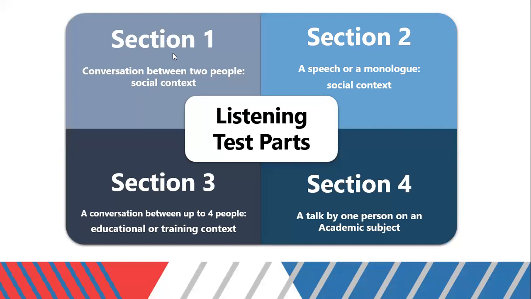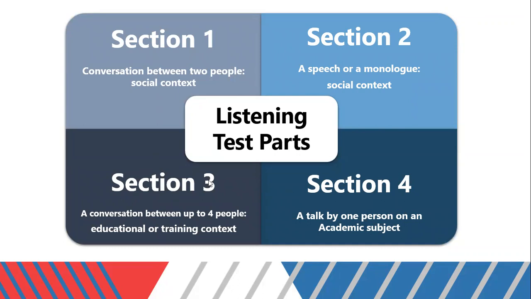Here, let's say you have a conversation between 2 people, and usually these two people are talking about something social, for example, a famous actor, football, or something in general. In the second section, it is called a monologue, which means we have one person only. One person is talking, also about something general, but it is a bit more difficult than section 1.